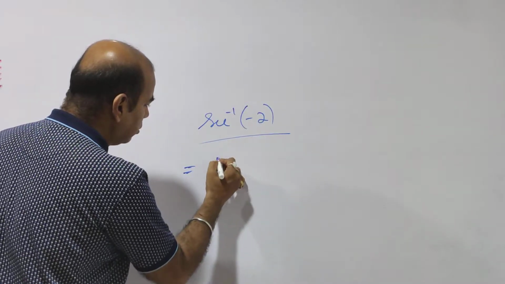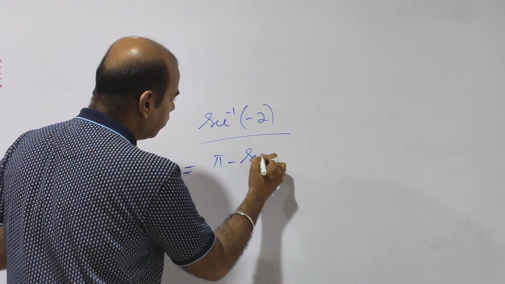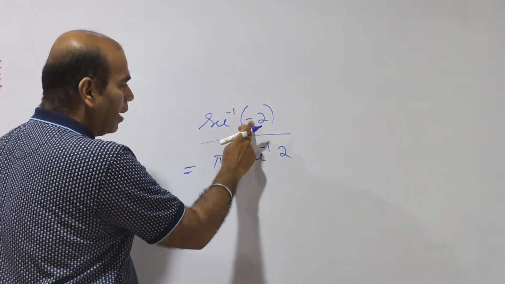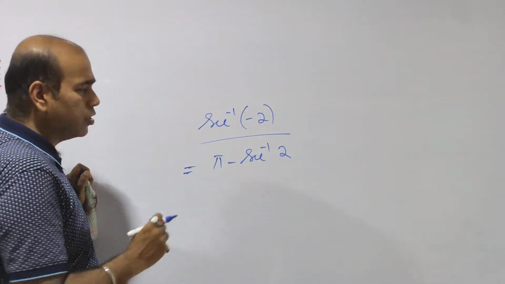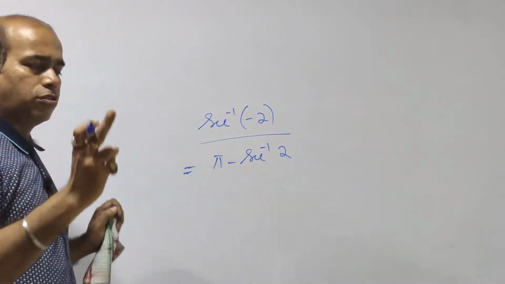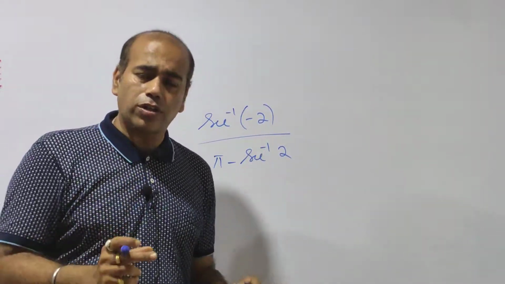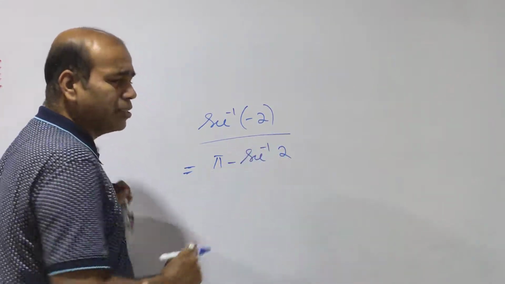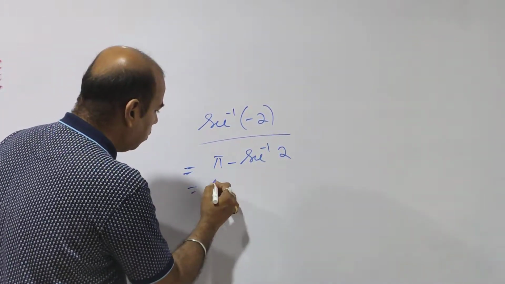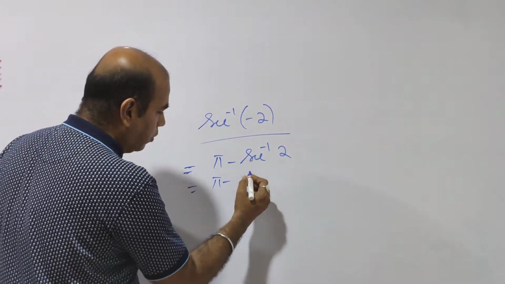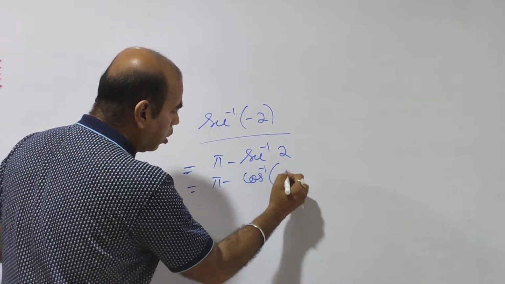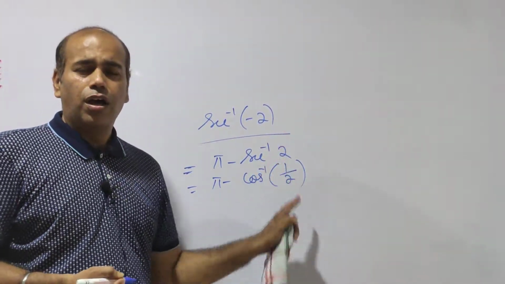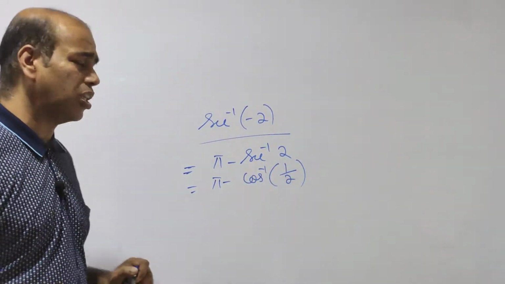To remove the minus, it is pi minus sec inverse 2. For cos inverse, sec inverse and cot inverse, the formulas I have written make it pi minus sec inverse 2. Now I change sec inverse 2 to cos inverse 1 by 2. Half is cos 60.